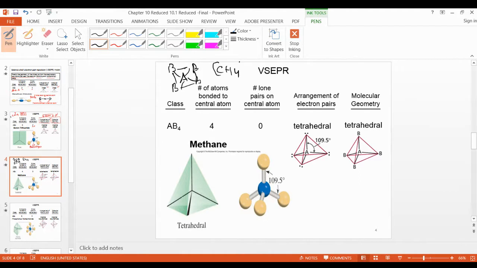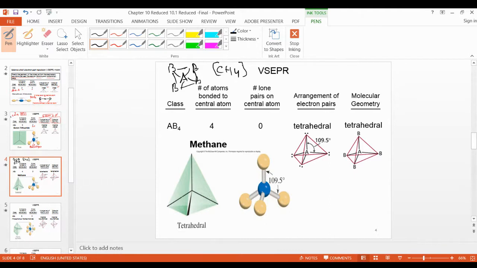Or maybe another example, but you have to show whether this carbon has a lone pair of electrons, yes or no. How do you identify? Tell me now.